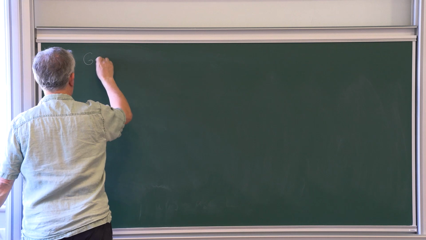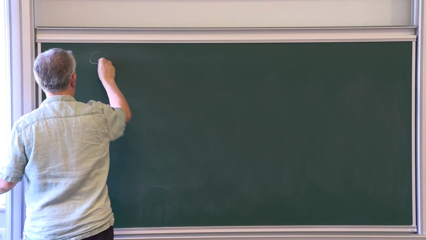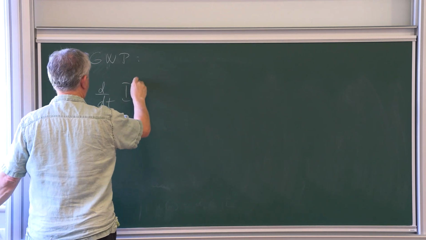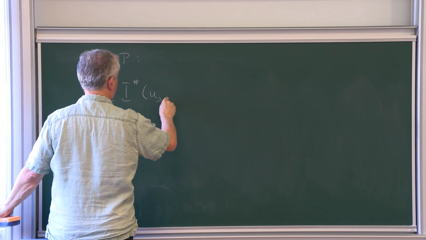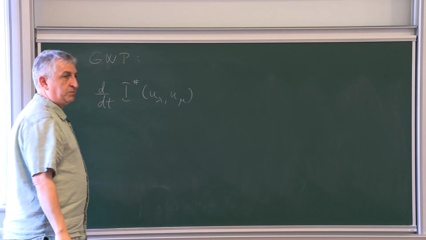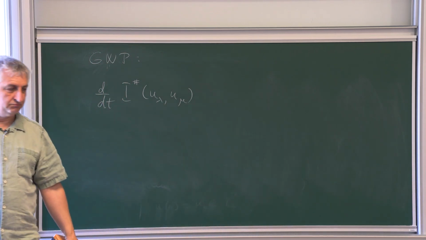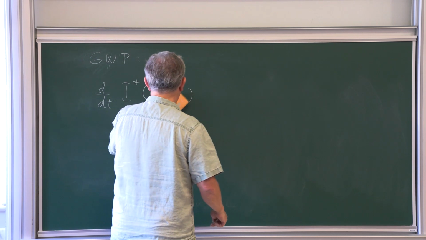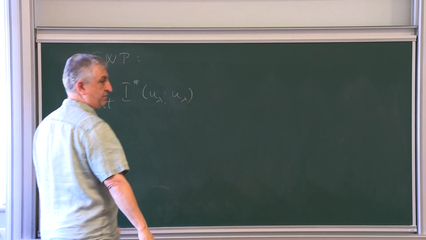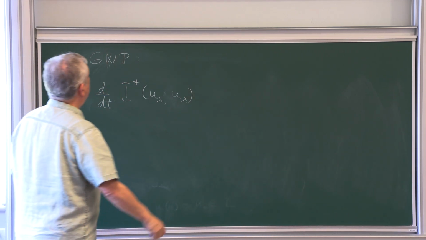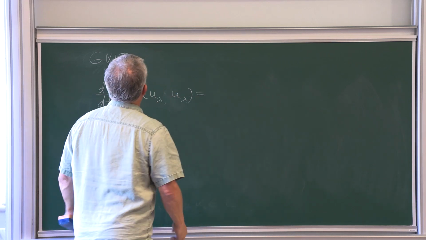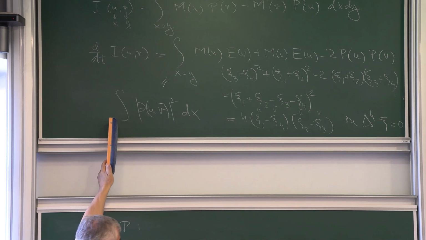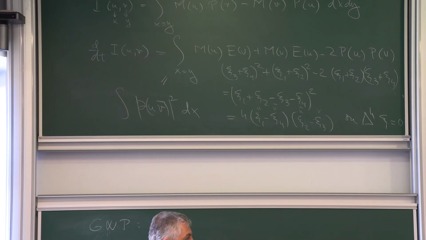So for the global well-posedness, we compute d/dt of, let's say, I sharp of u lambda, u mu, if you want. So I'm applying this to two frequency localized versions of u. And maybe even the worst case scenario is when I have exactly the same frequency in here. And then what I hope to get is, let me give a name to this expression that we got in here. This was the quartic term, so I'm going to call this J4, right?